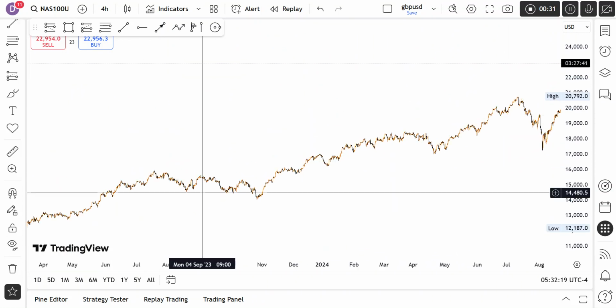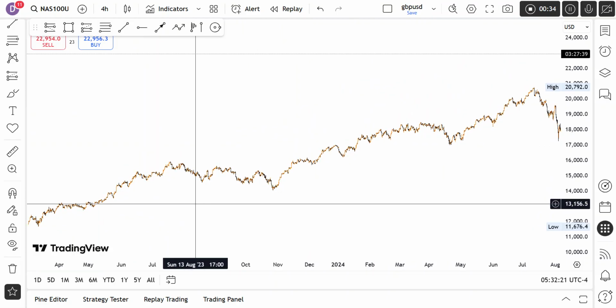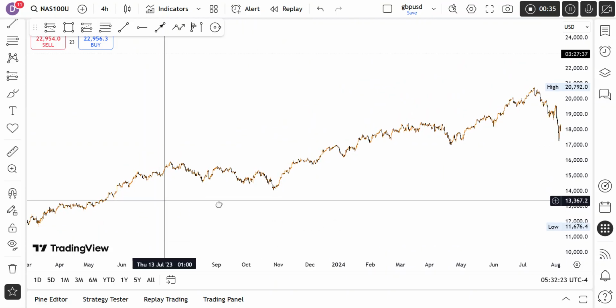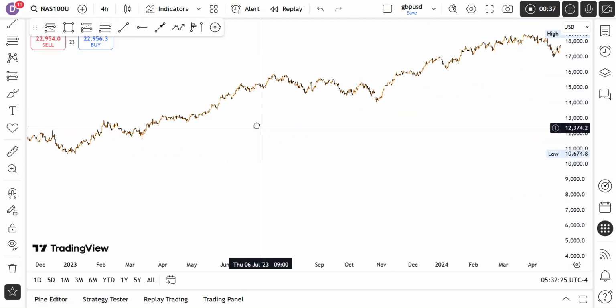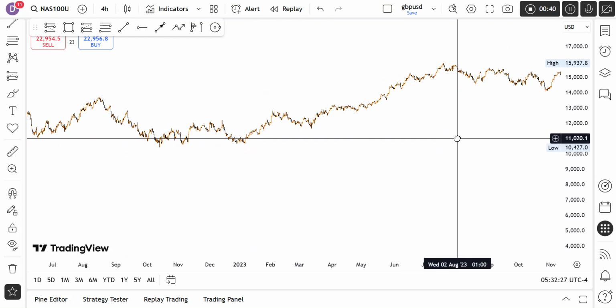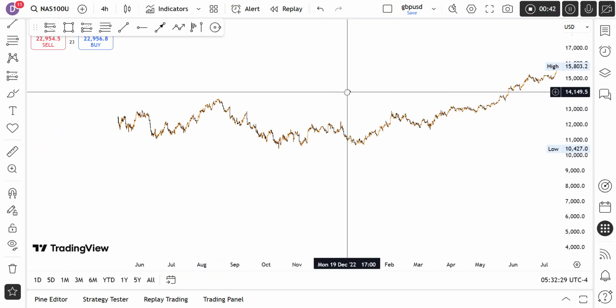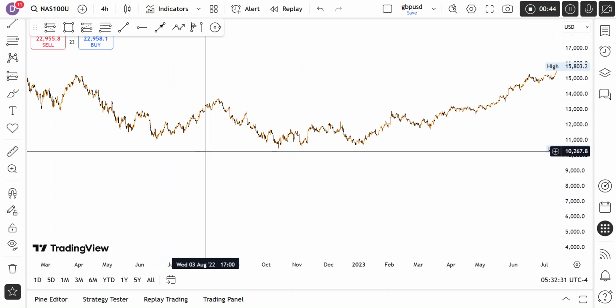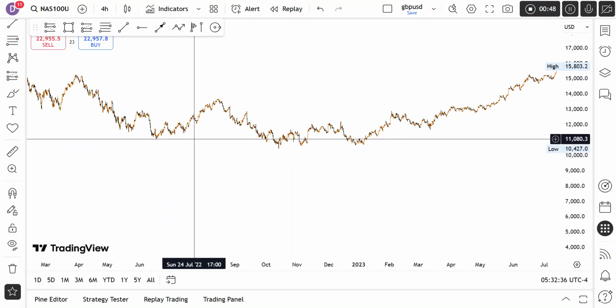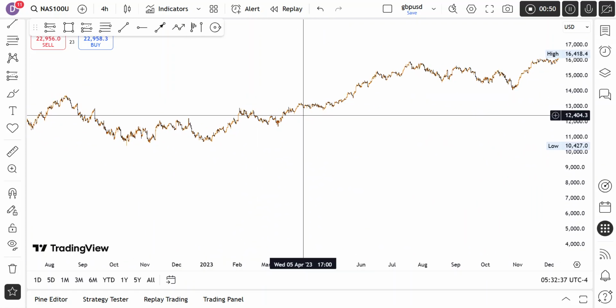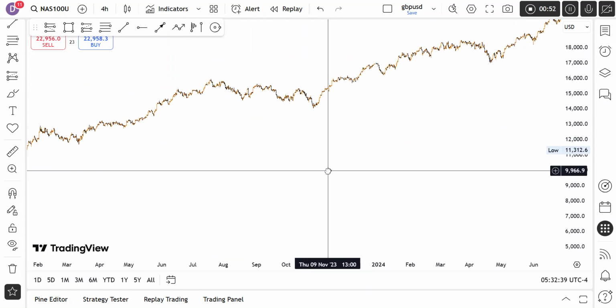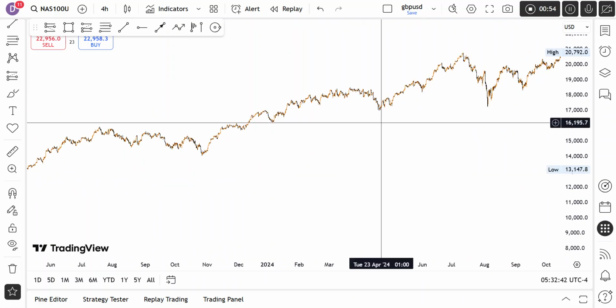Let's look at what happened before. This strategy is very simple. I was using liquidity zones, but I think this is more straightforward, to look for liquidity. We don't know exactly what the liquidity is.